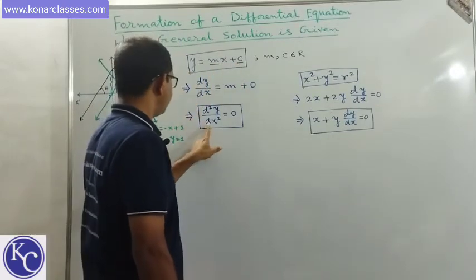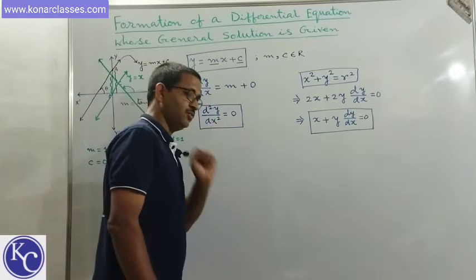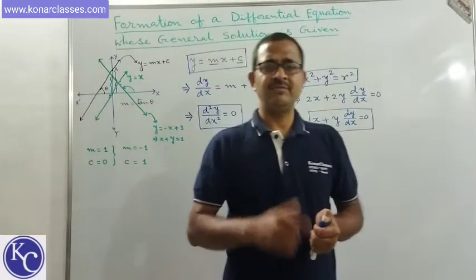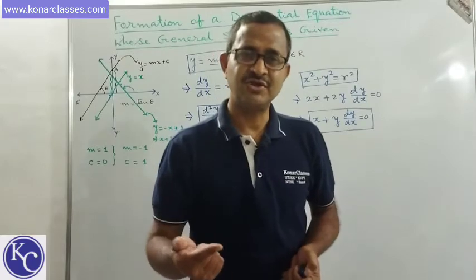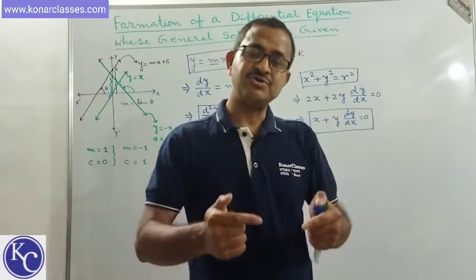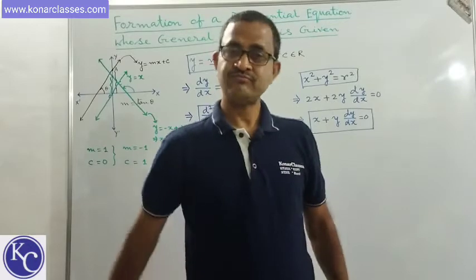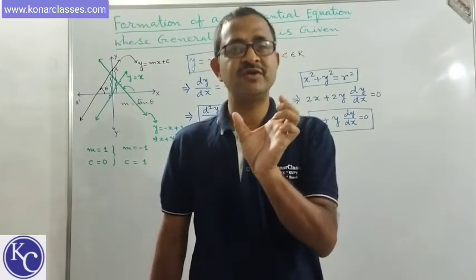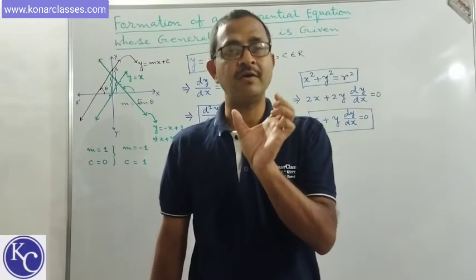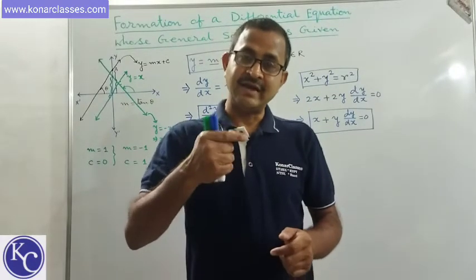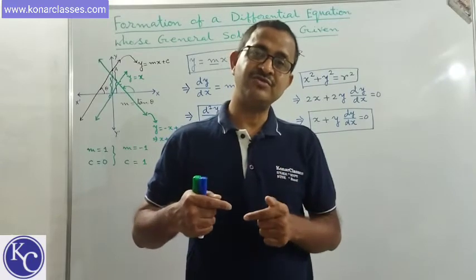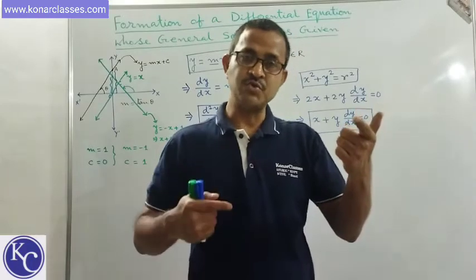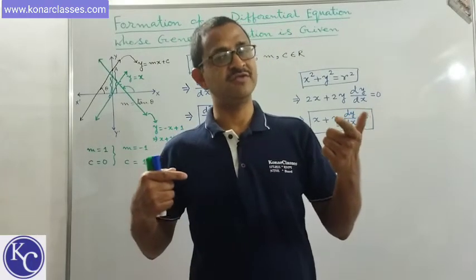And its corresponding differential equation has order 2. In the same way, if there are 3 arbitrary constants in a general solution, the corresponding differential equation will have order 3. So what we have learned is that in a general solution of a differential equation, the number of arbitrary constants is equal to the order of the corresponding differential equation.